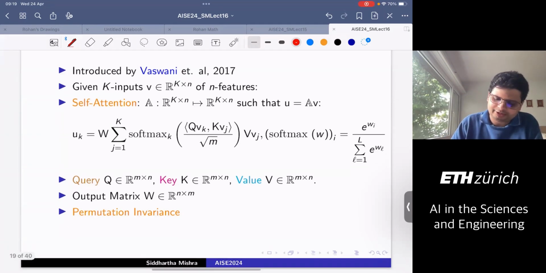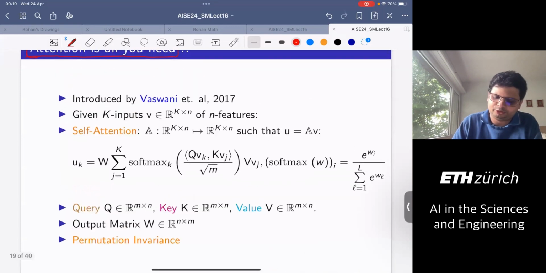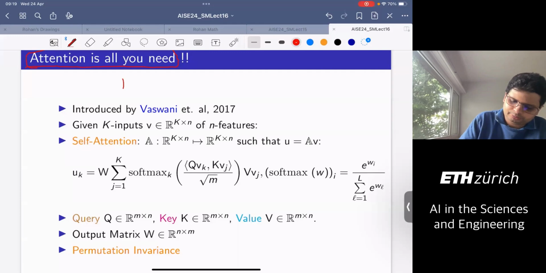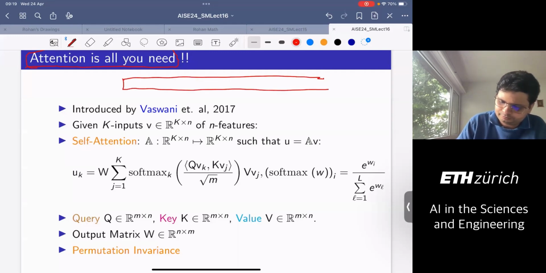So what is the principle of attention? The point is we think in terms of sequences. Attention and transformers were introduced for sequence modeling, but we can convert our problems to a sequence modeling problem very easily. So think of your input as an input sequence. Think of a one-dimensional function, perhaps that's the easiest to understand.